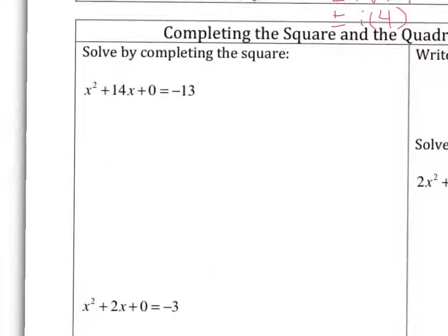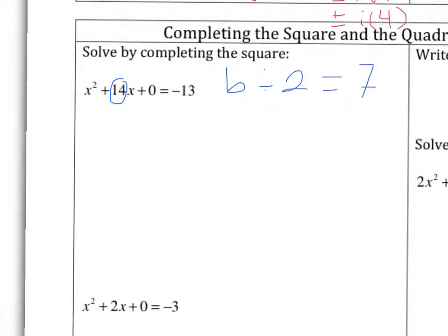Our last section, completing the square and using the quadratic formula. To complete the square, the first thing that you need to do, and this is kind of set up in a nice way for you, is take a look at your b term and divide it by 2, and I get 7.